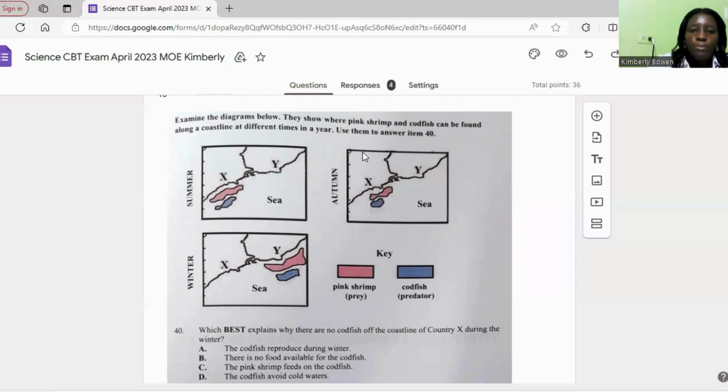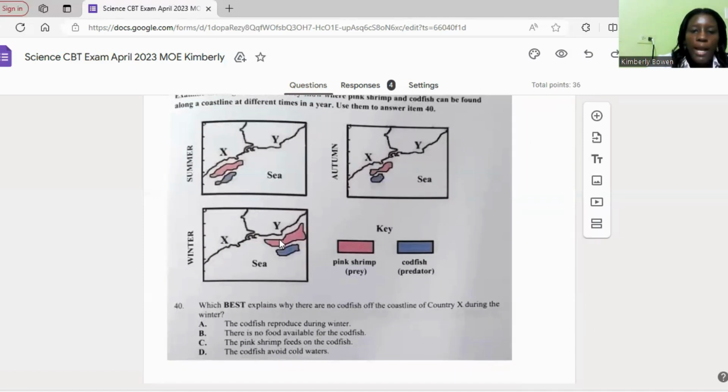In the autumn, we see that there is still a larger amount of pink shrimp. And for the winter, it looks like there's basically a migration.